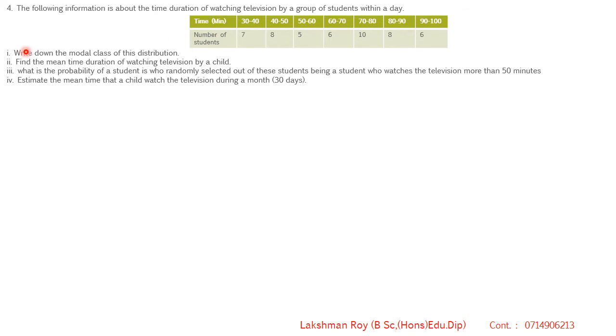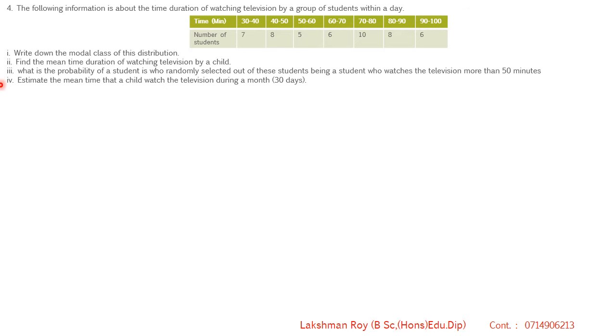So they ask, Roman number 1, write down the modal class of the distribution; second, find the mean time duration of watching television by a child; and 3, what is the probability of a student who is randomly selected out of these students being a student who watches television more than 50 minutes.